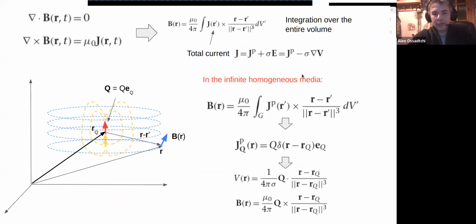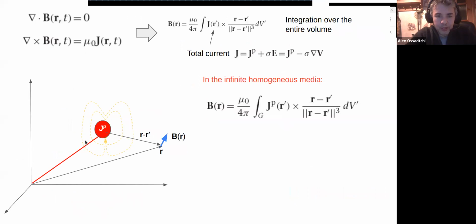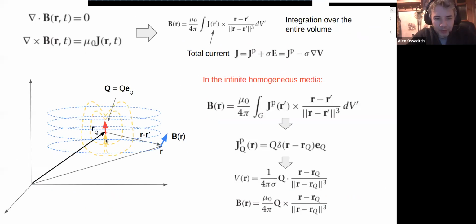Now see, the volume has been replaced by a current dipole, which is denoted by an arrow, and it pertains to some very small, tiny point in space, and it has some direction. It's a little bit contradictory, but please get used to it. It's very small, and it's located at a particular point with coordinates RQ.